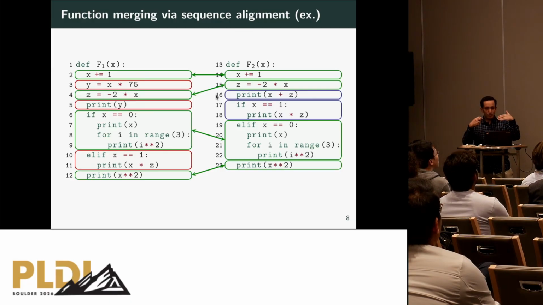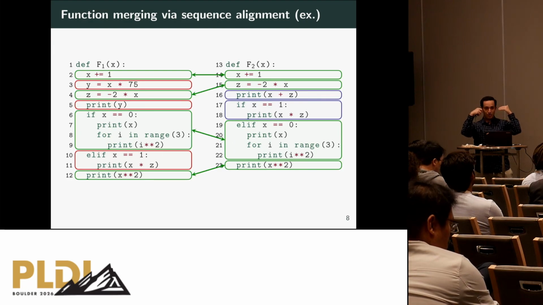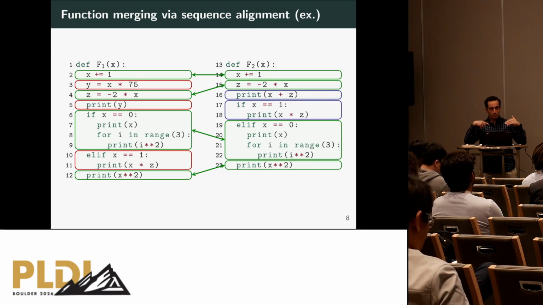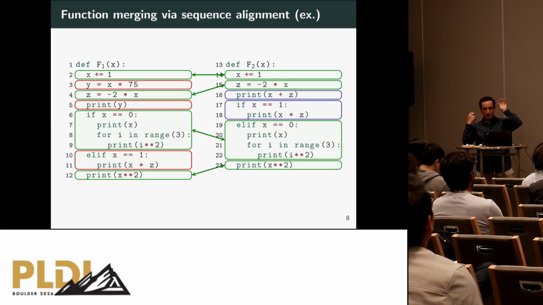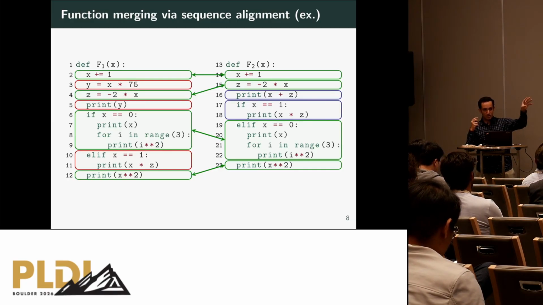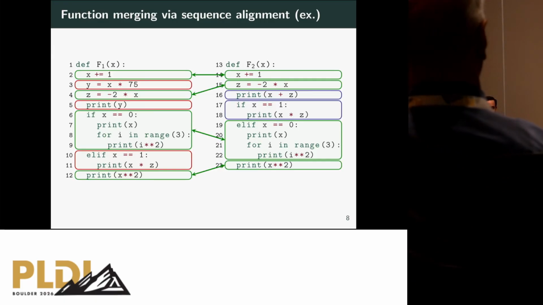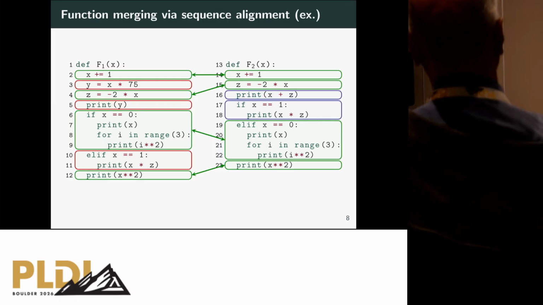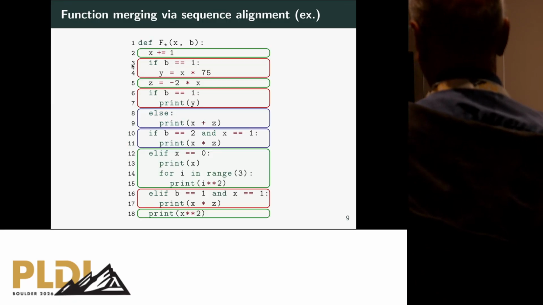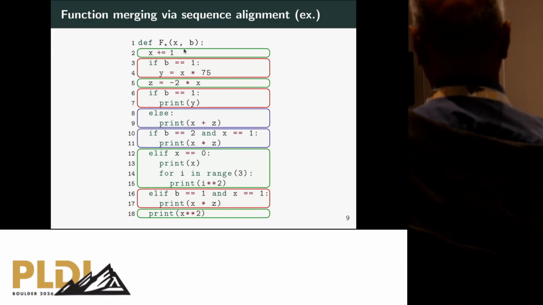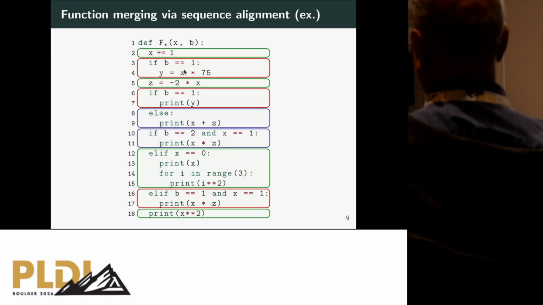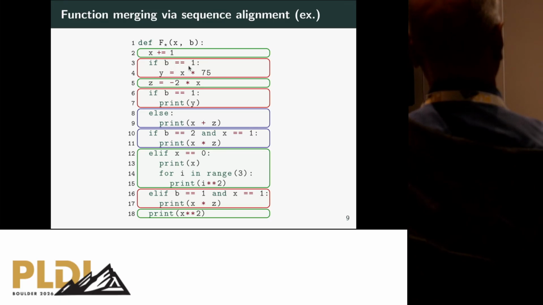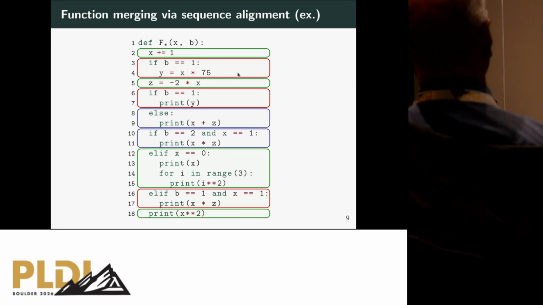The way we construct the merged function is we do a simultaneous scan of the two functions from top to bottom. Whenever we see a green instruction, we just put it. If we see, say, a red instruction, then we put it under the condition that b is equal to 1. So here it is: green instructions put as they are. This one was red in f1. Now it's put under this if condition, so it's only executed when we're simulating f1.